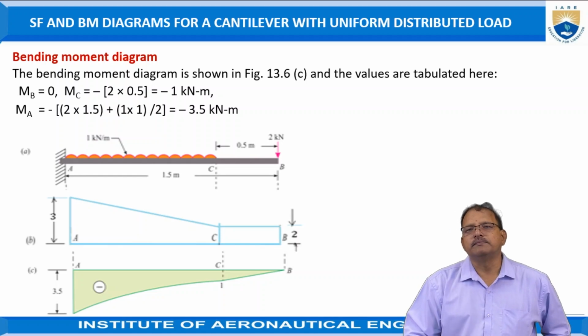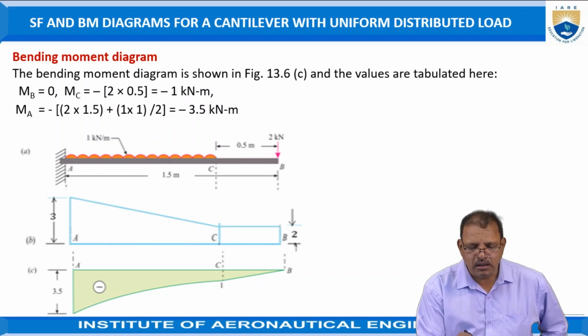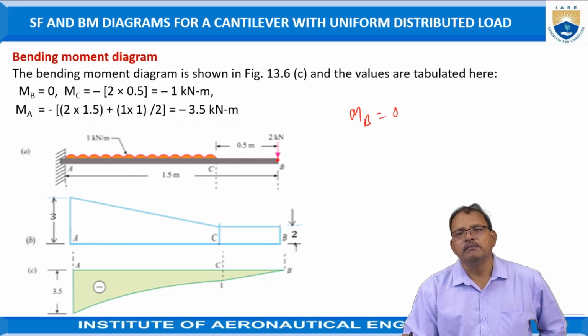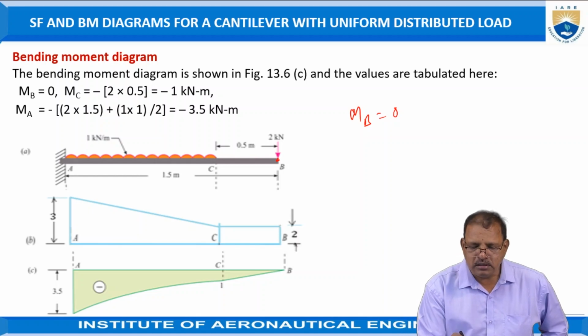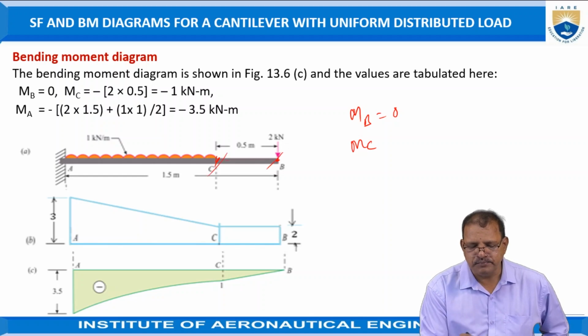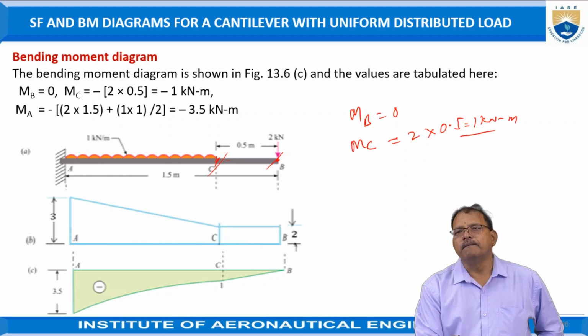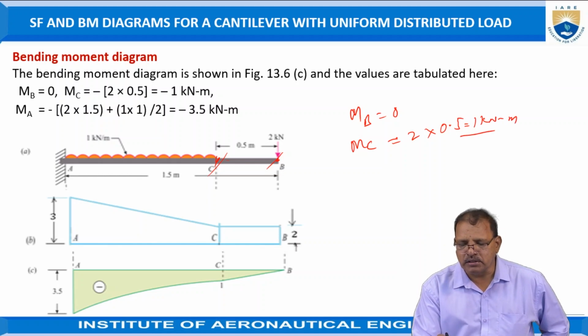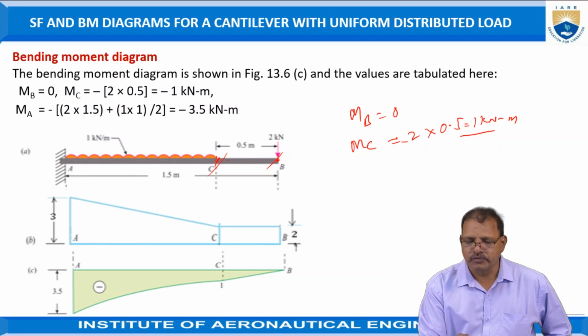Bending moment diagram. The bending moment at B, MB, is equal to 0 because it is a free end. The bending moment at C is the product of force and distance, that is 2 kilonewtons multiplied by 0.5, equal to 1 kilonewton meter, but its effect is hogging effect, so it is treated as a negative value.